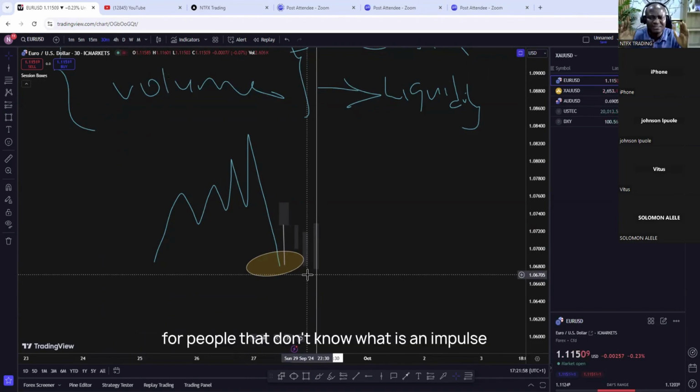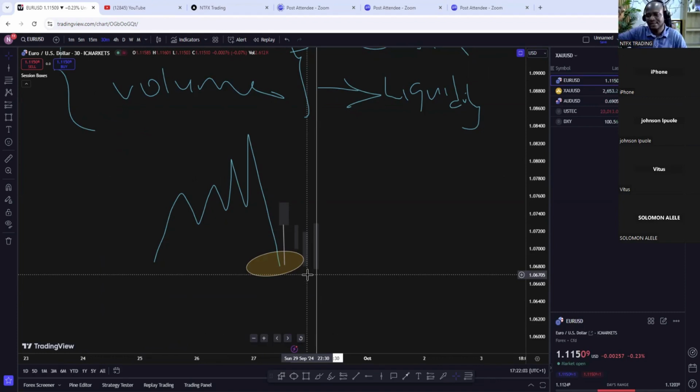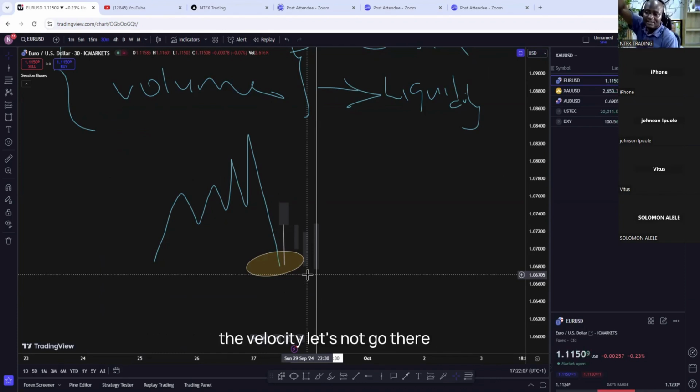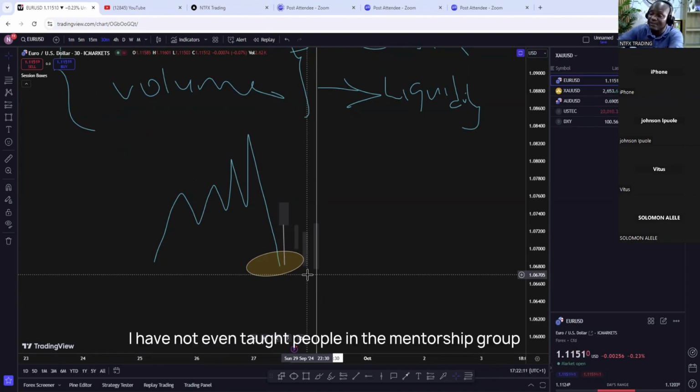For people that don't know, an impulse is a move that is very fast, in such a way that the relationship between movement, the velocity, let's not go there, leave it. I have not even taught people in the mentorship group, velocity of price is a deep thing.